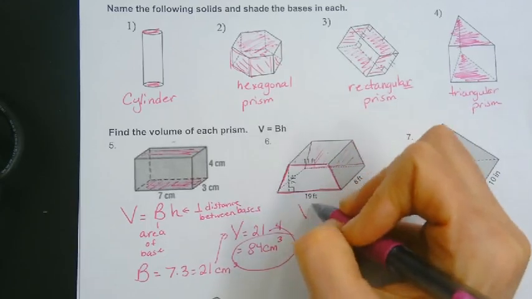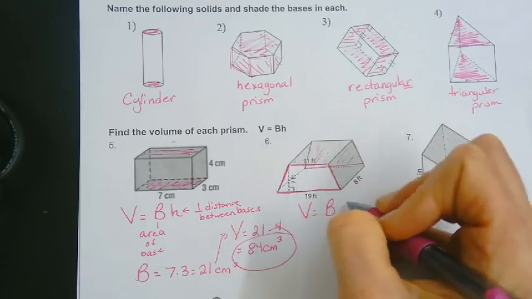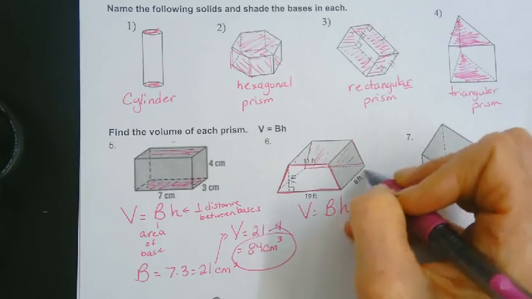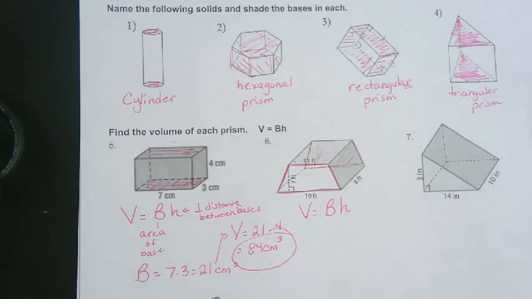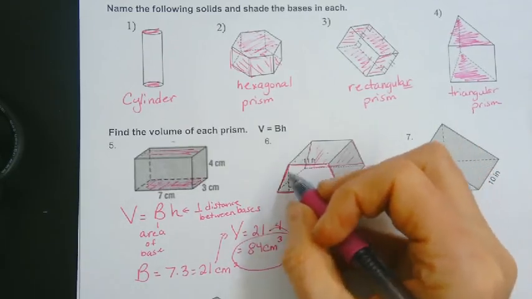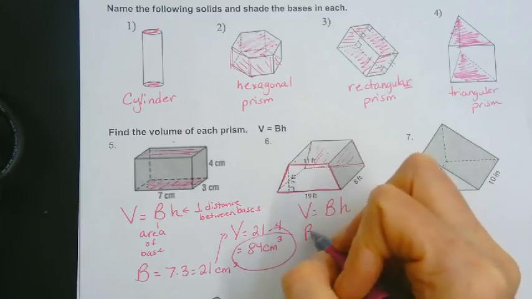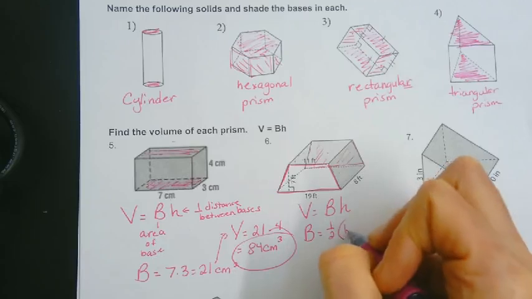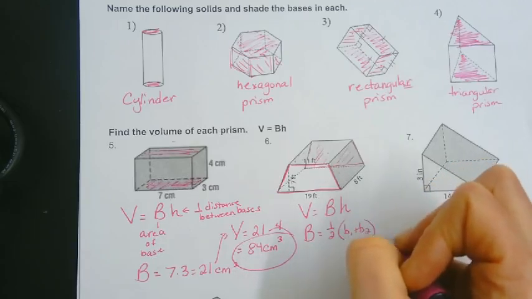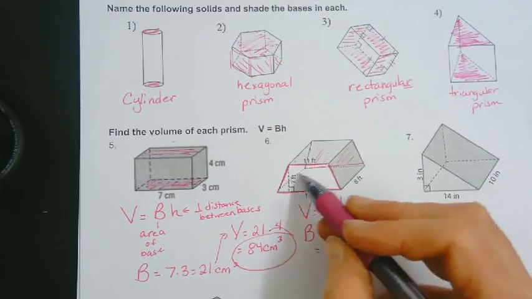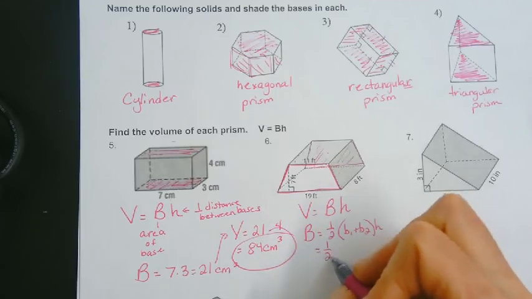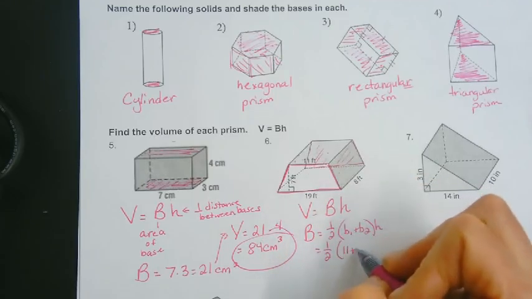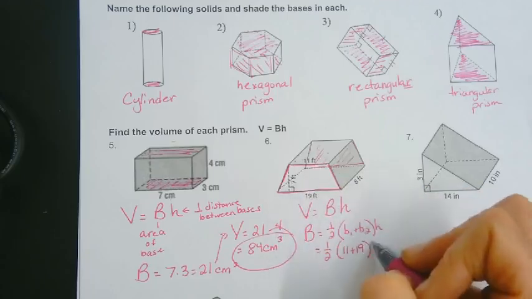So volume equals area of the base times the distance, or the height, between the bases. This is a trapezoid, so we use the formula for the trapezoid. The area, big B, is equal to 1/2 (B1 plus B2) times the height. We have 1/2 times (11 plus 19) times the height of 7.